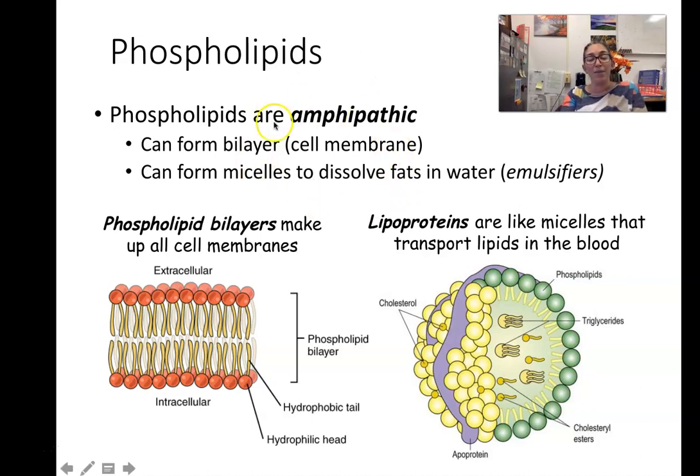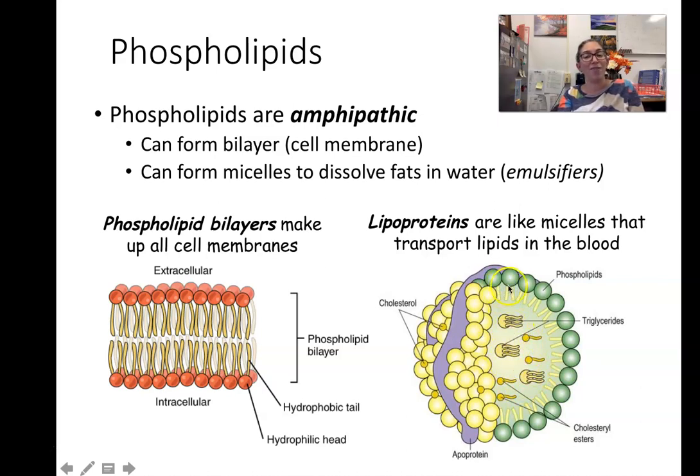There are a lot of important lipids that form micelles in our body and help us to transport fats. So we can have these micelles that we call lipoproteins because they're made up of phospholipids, and in purple here we've got proteins embedded in them, which make it a little bit more soluble in water. And then on the inside, where those nonpolar hydrophobic tails are, that's where all of the triglycerides and cholesterol that we eat or that we need to transport through our body can travel.